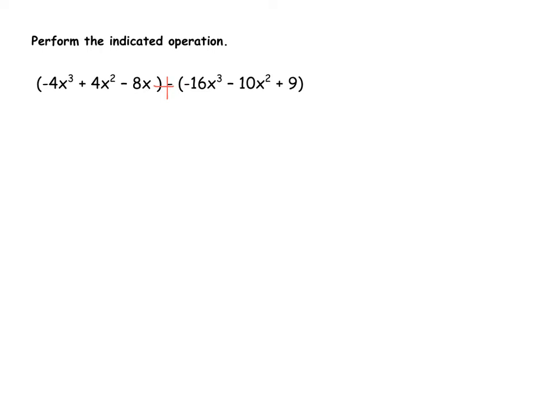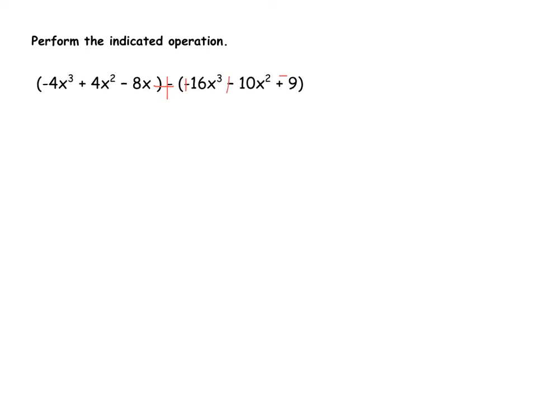So instead of negative 16x to the third, it'll be positive. Instead of negative 10x squared, it'll be positive. Instead of 9, it'll be negative 9. And now the rules I was using for addition apply, so I'm going to rewrite the polynomial and add in the vertical columns.